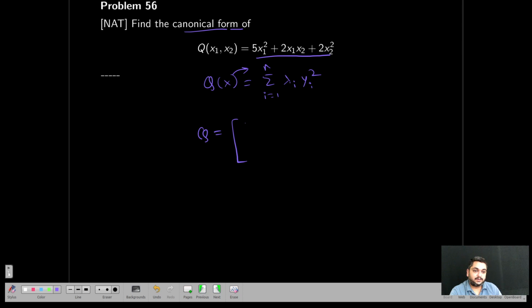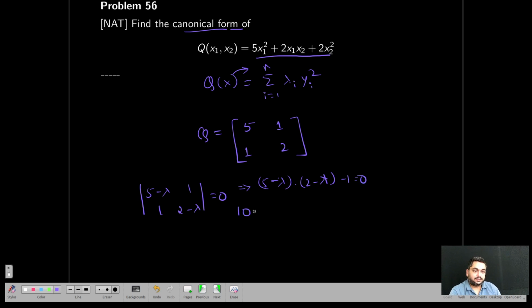So this is 1 1 is 5, then 1 1, then 2. Okay, find the lambda values for this. 5 minus lambda 1 1, 2 minus lambda equal to 0. So that implies (5 minus lambda) into (2 minus lambda) minus 1 equal to 0.